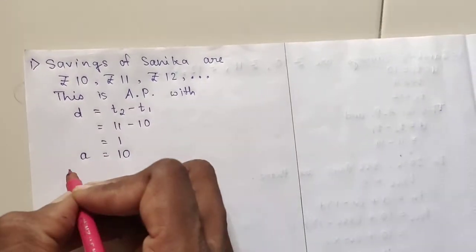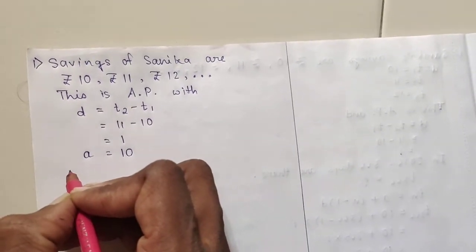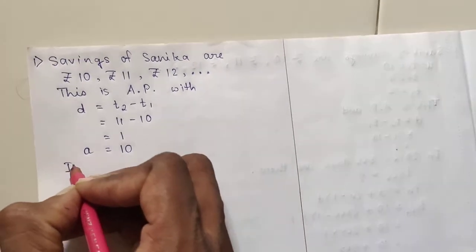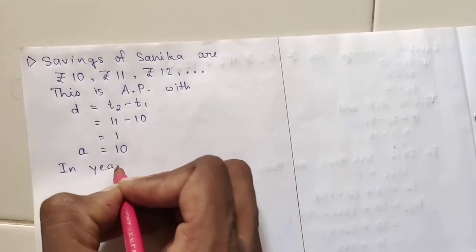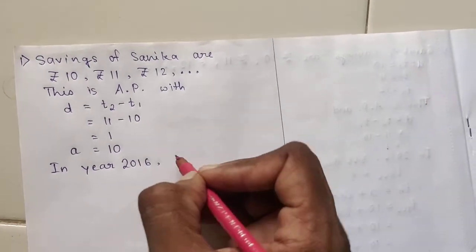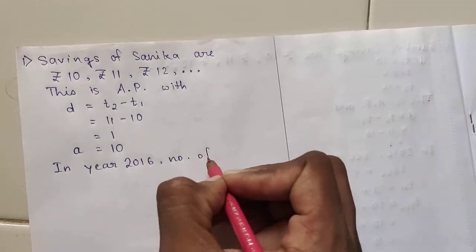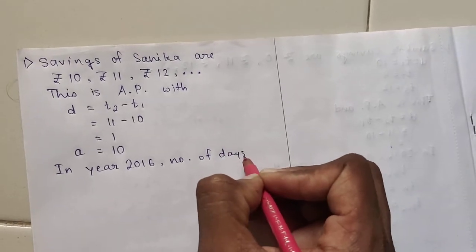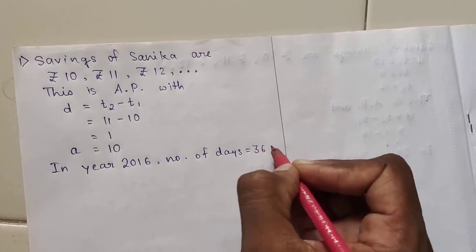Now see, this is the year 2016. So in the year 2016, how many days are there? 366, right? So number of days is equal to 366. Why?